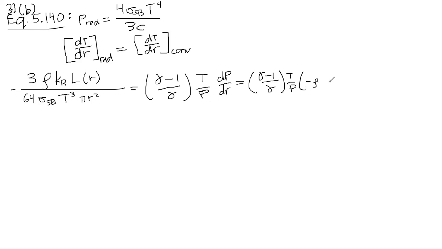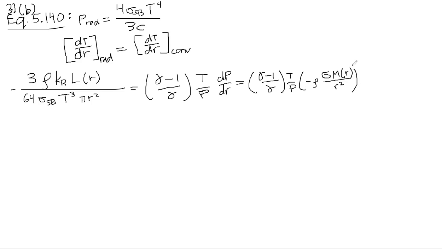We normally think of dP/dr as being rho times little g, or gravitational acceleration. But let me substitute gravitational acceleration for what it is, and that is big G times mass enclosed, M as a function of radius, divided by radius squared.